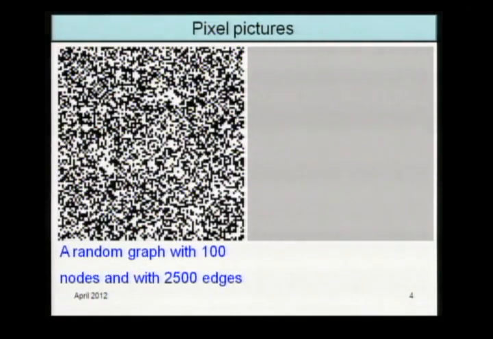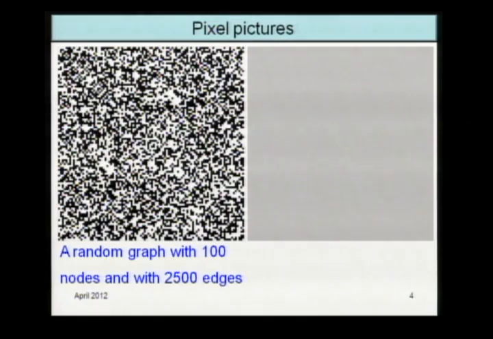Depending on the projector, it looks more or less similar to the all gray square on the right-hand side. So in fact, random graphs are sort of gray.